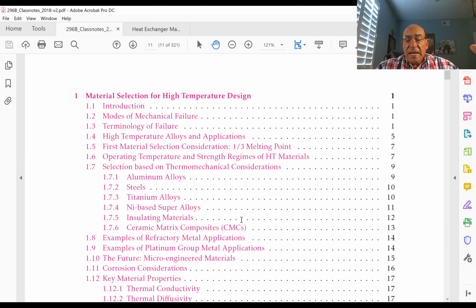So for each class of these materials that are used at high temperatures, we will show you their properties, how the properties vary with temperature, how the yield strength varies, how the ultimate strength varies, and so on.